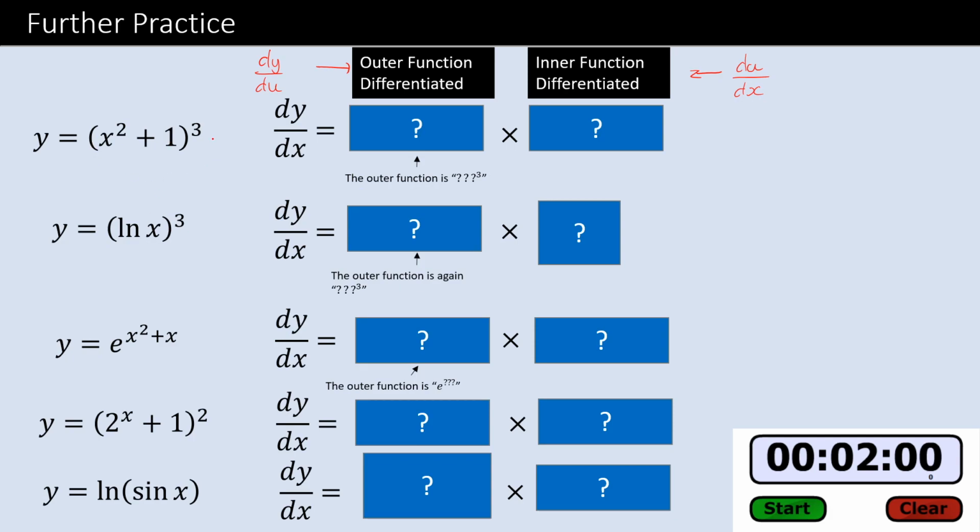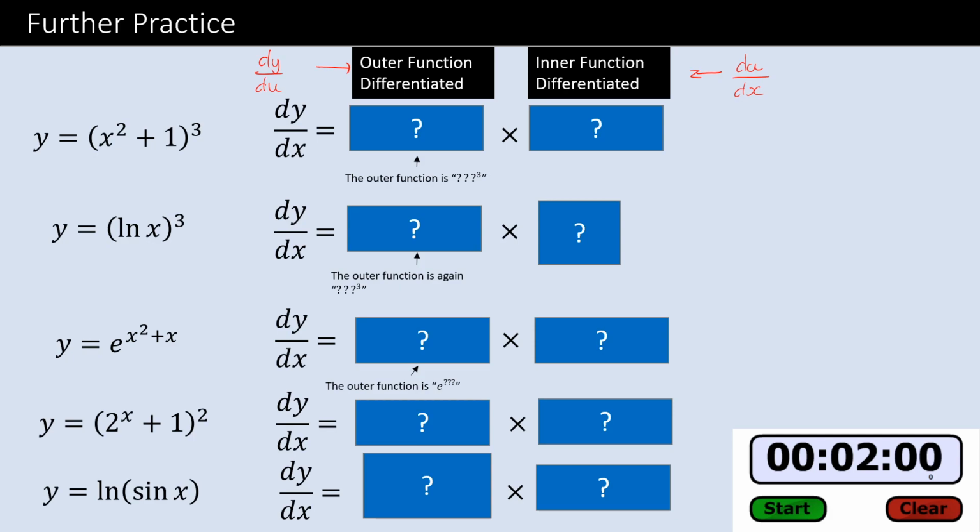Taking a look at this one, the outer function for this first part is the bracketed bit to the power of 3. It's just something to the power of 3. So if I were to differentiate something to the power of 3, what would you get? Well, I would get the power coming down to the front, and the power decreases by 1.